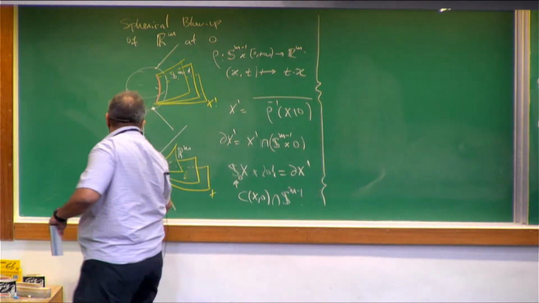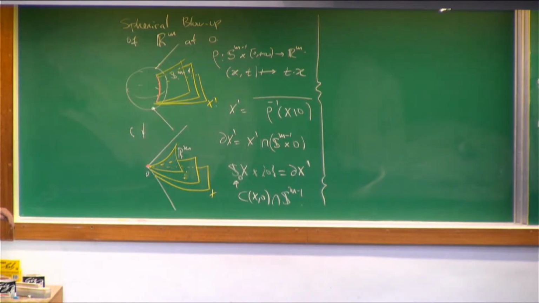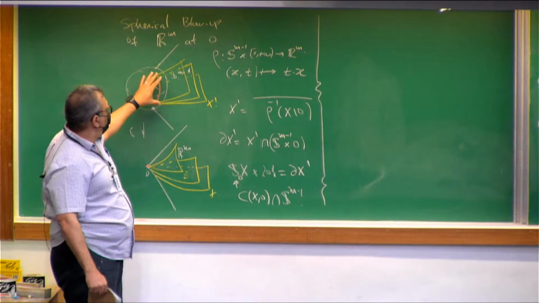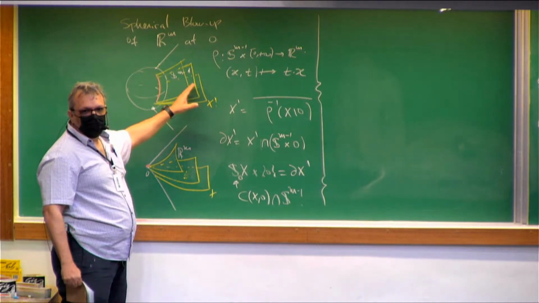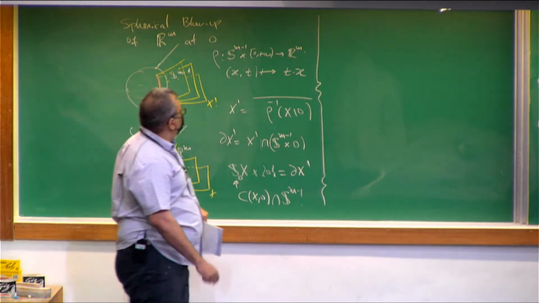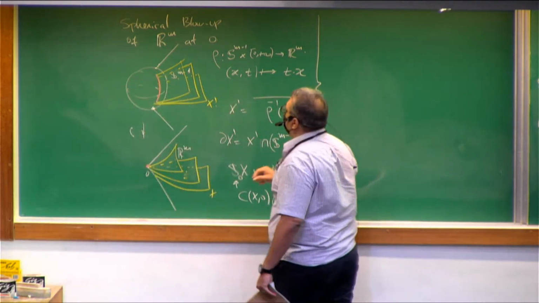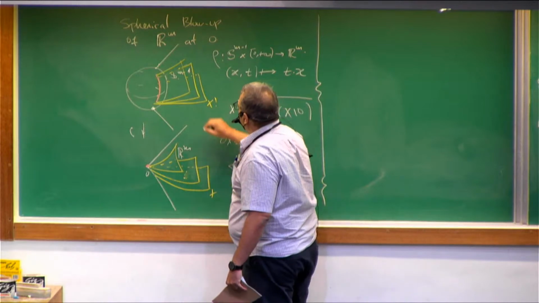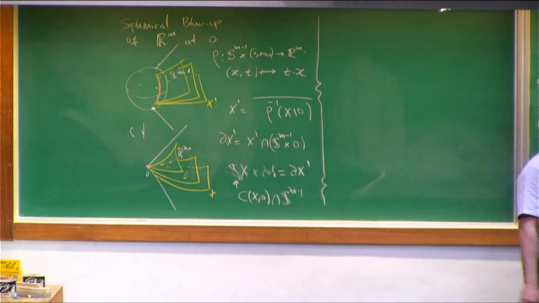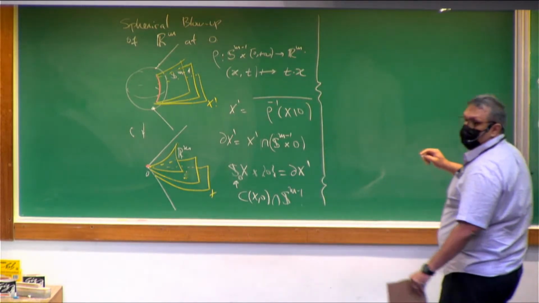So in our spherical blow-up, we have a kind of pamphlet here, a pamphlet with a few pages, parts of our blow-up. And we will count the number of pages of this pamphlet. Let me make precise what I mean by pamphlet.